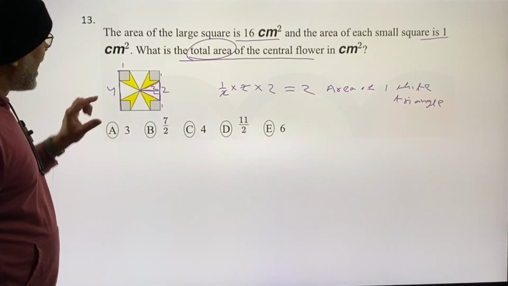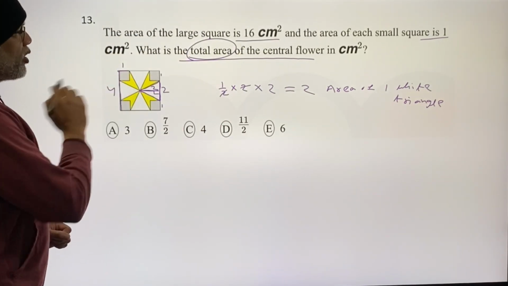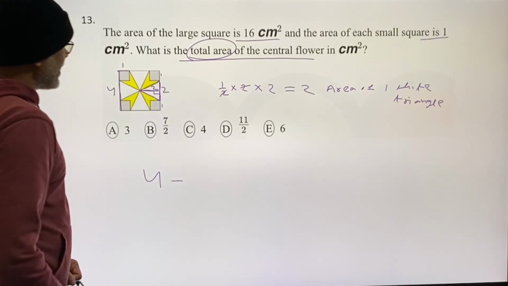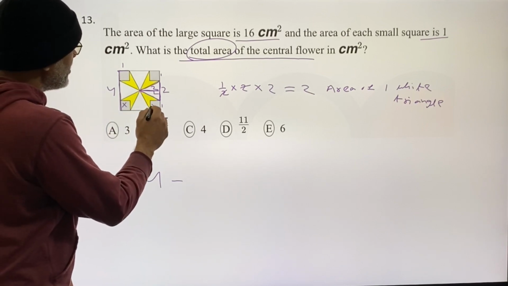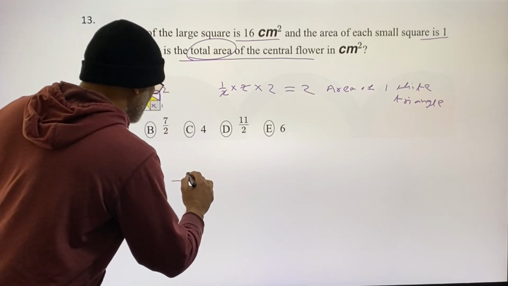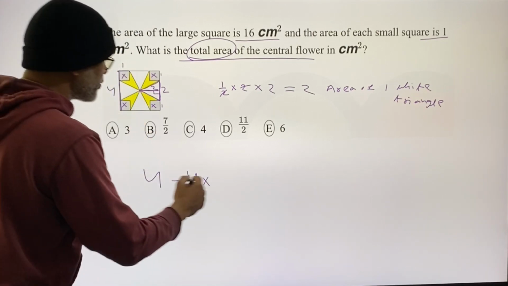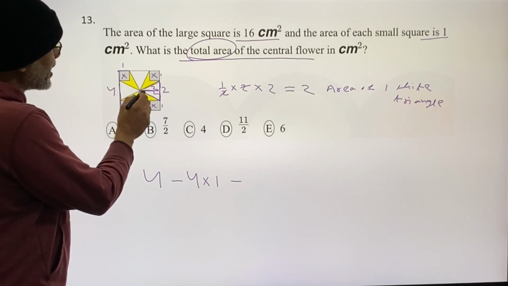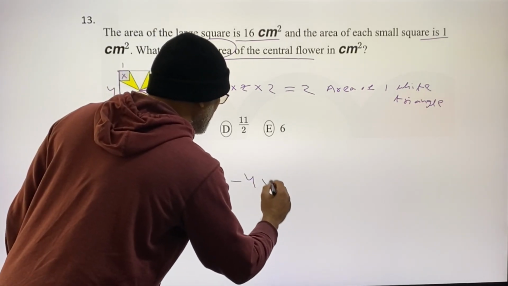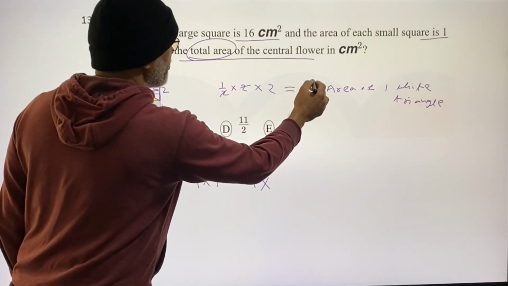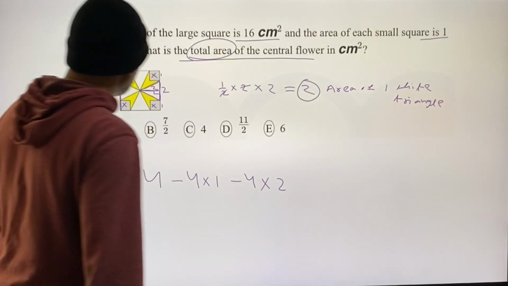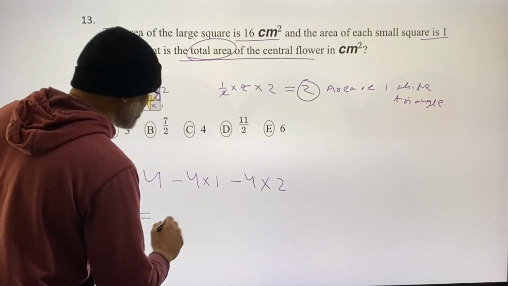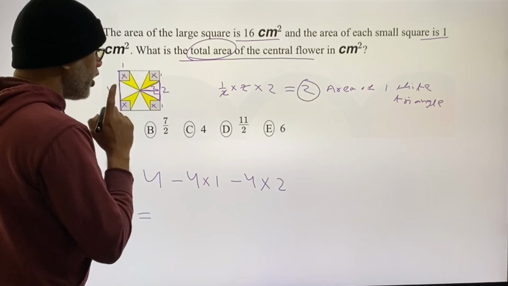Okay, and how do I find the area of the yellow region? I take the area of the whole thing, that is 4, minus, first subtract away 4 of these, 4 times the small squares are 1 unit each, minus, I also have to take out 4 of these triangles. 4 times each triangle we computed as 2, right? And then what is remaining is the yellow region, right? So this is then going to be, okay, I made a mistake.